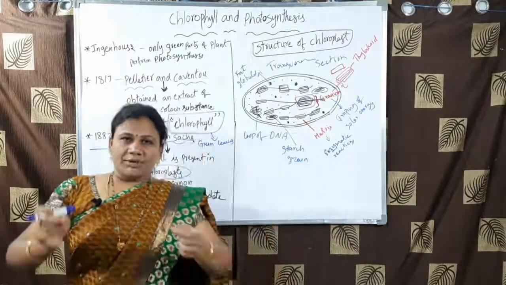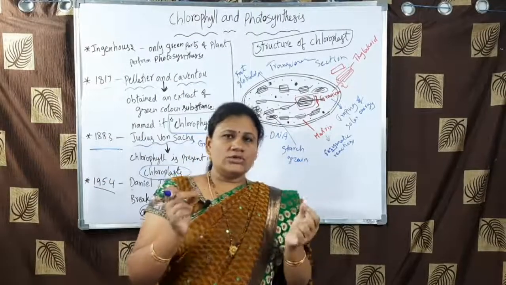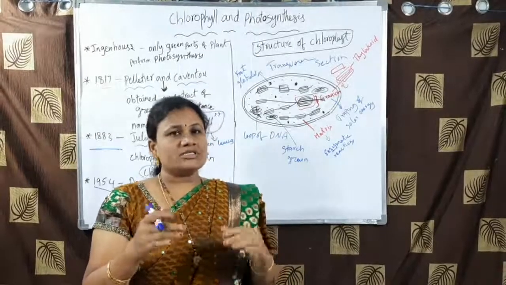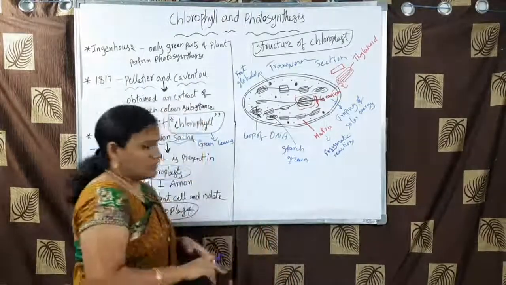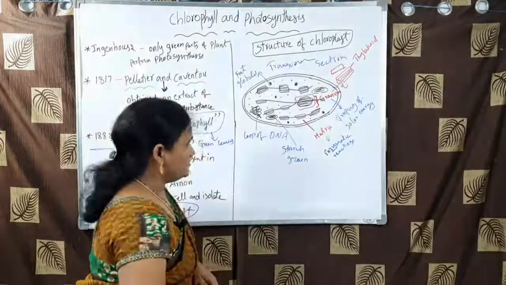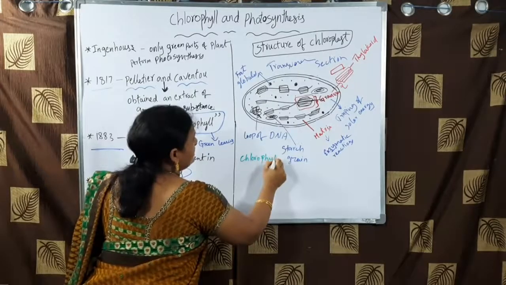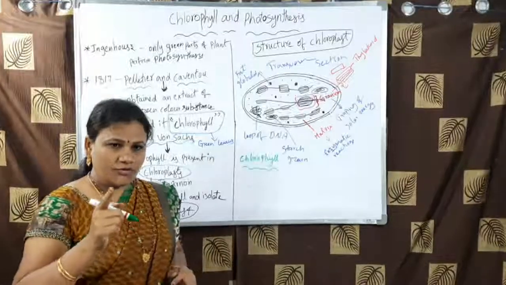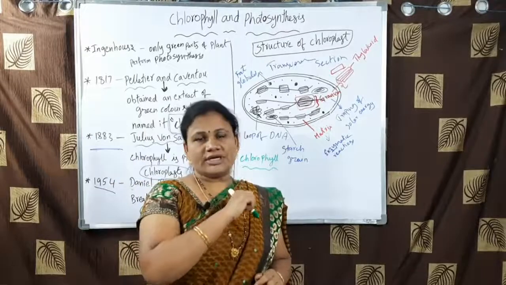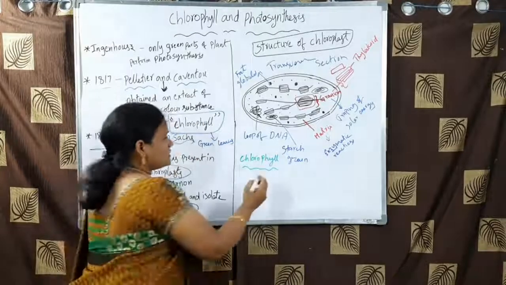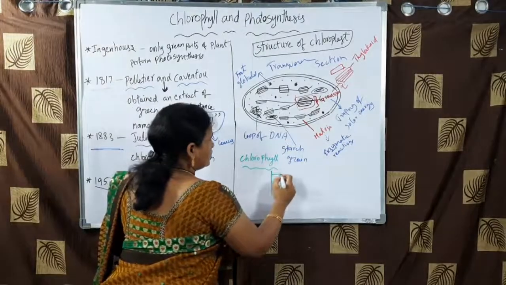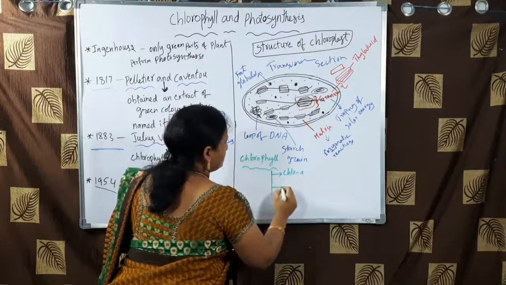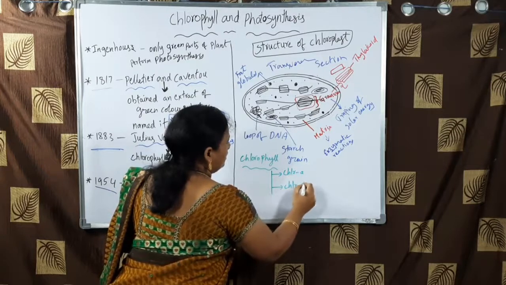That means pigments are helpful to trap the solar energy. So let us see what those pigments are. One such kind is chlorophyll. Chlorophyll is a photosynthetic pigment which is responsible for trapping solar energy. This chlorophyll is mainly of two types: chlorophyll A, chlorophyll B.